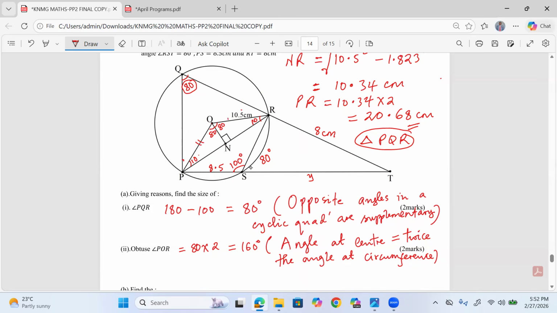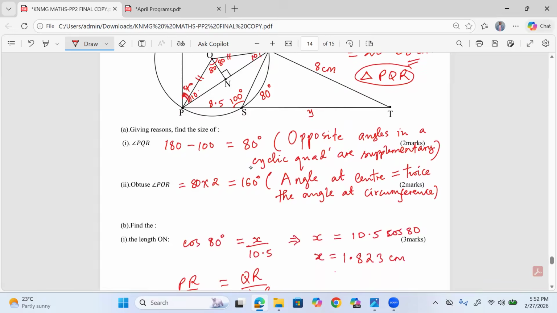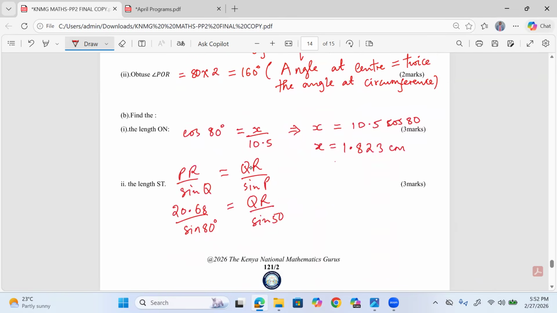These are two radii, so the angles there are equal. We take 180 minus 100, that is 80, divided by 2, we get 40. So this is 40, and this is 40. I wanted to show you where 50 is coming from. The whole of this angle at B is 50, because of 40 and 10.